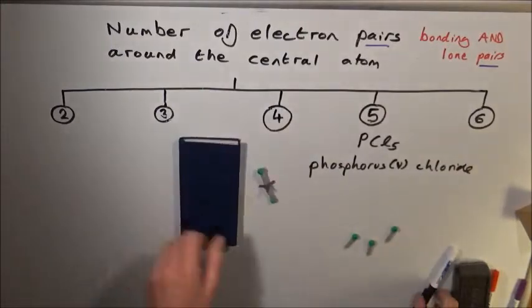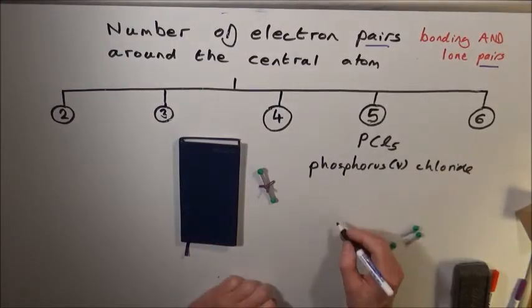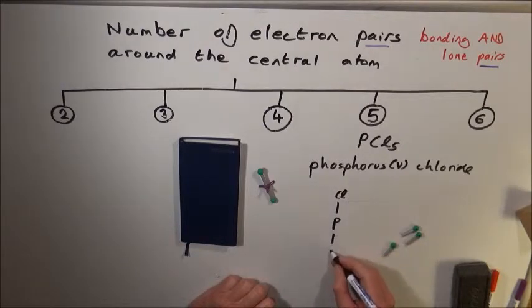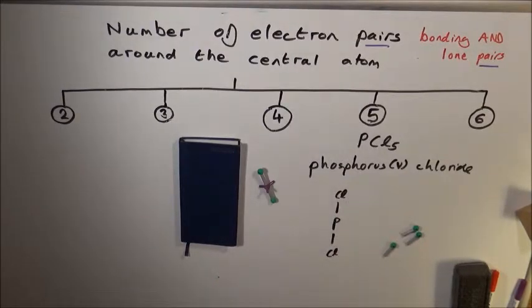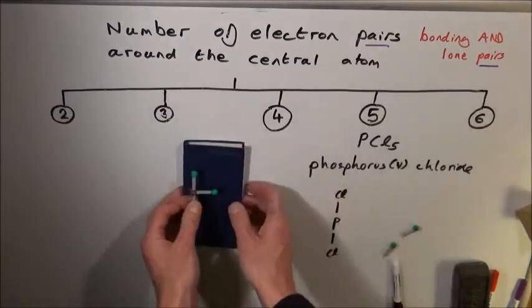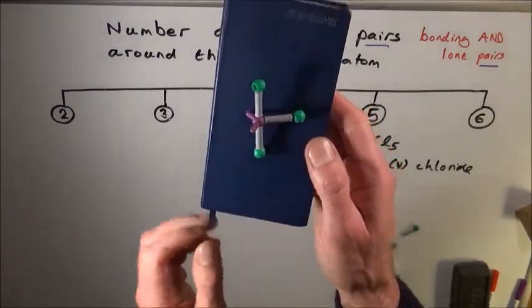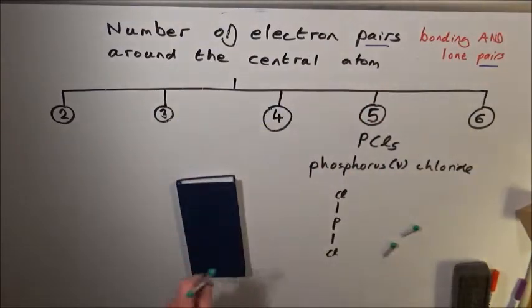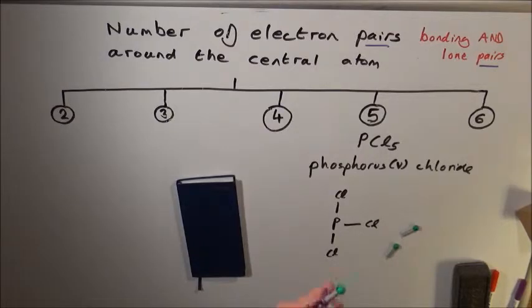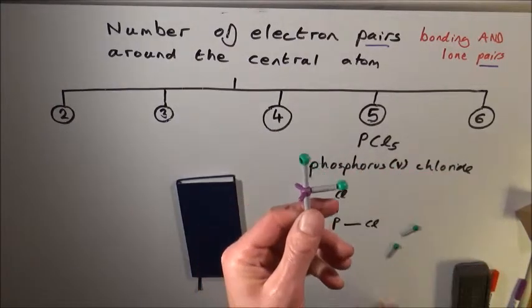So if I draw those first of all, so I've got the phosphorus and 2 chlorines, they're flat on the page, so to speak. And then I put another one on, and that's also going to be flat on the page, you see. So I can draw that with a solid line, and the bond angle there is 90 degrees.